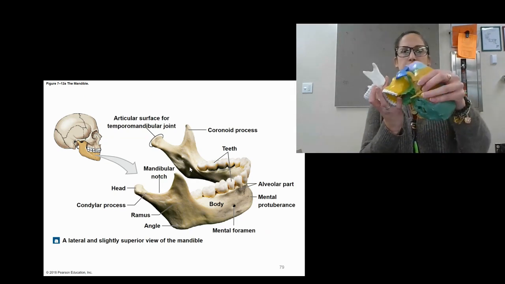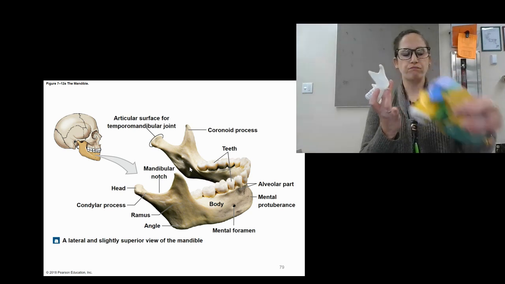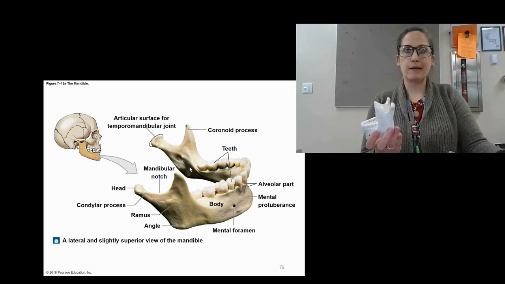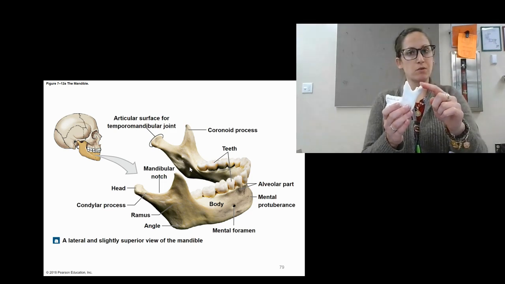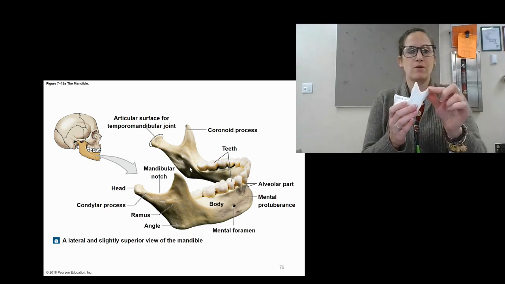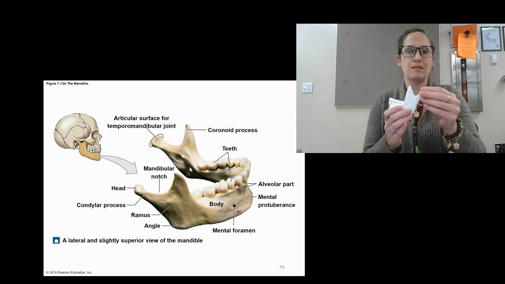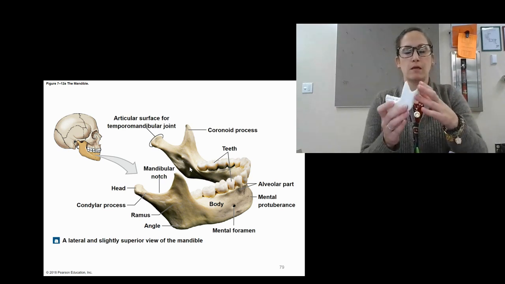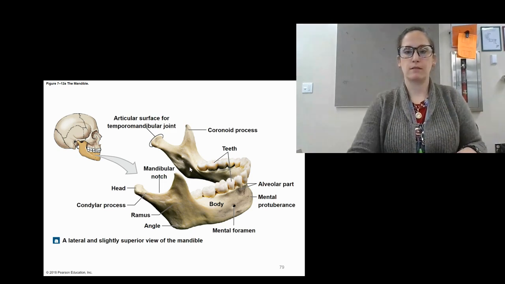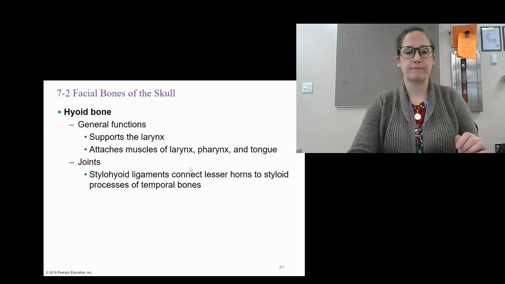Because we are identifying the mandibular fossa as a marking, also on the mandible, the part that articulates with the mandibular fossa is called the condylar process. All right, so this is the condylar process, with a head of that condylar process that is going to articulate with the temporal bone to form that joint of the jaw.